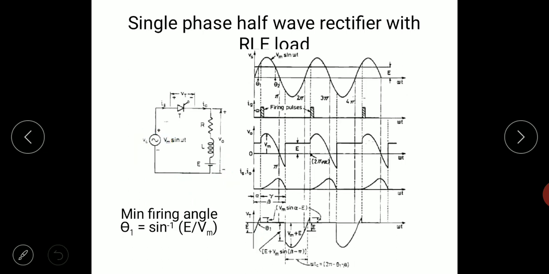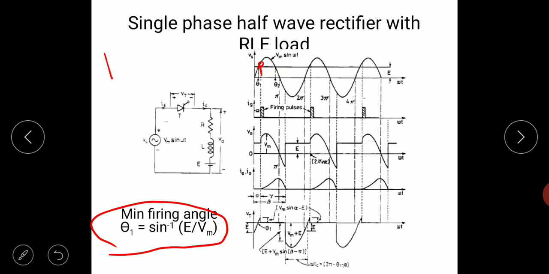So this was the overall waveform of the load voltage, load current and SCR voltage. To determine theta 1 angle, you can see that at the point of intersection, Vm sin omega t is equal to E. Omega t here is theta 1.